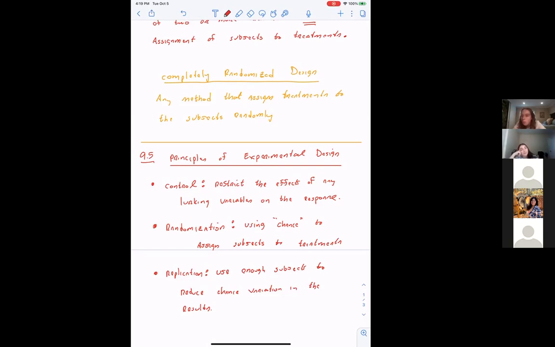Anyone, what's one thing I can do to determine if my dice is fair? This is for everyone, by the way. Feel free to just go ahead. Roll it, yeah, roll it and do what?